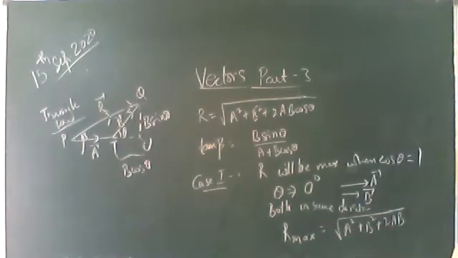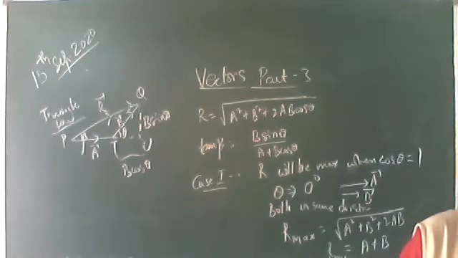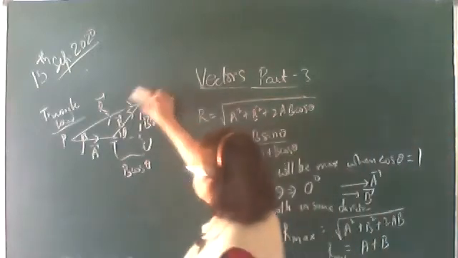Under root of A plus B whole square cancels out and it becomes A plus B. So what is the maximum resultant? A plus B, when both the vectors are acting in the same direction. So the resultant is maximum when the angle between the two vectors is 0 degree. Now the same way you will find out when will be the resultant minimum.